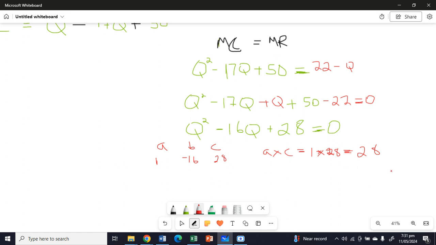If you multiply negative 2 by negative 14, you get positive 28. If you add negative 2 with negative 14, you get negative 16. So we found our two factors, negative 2 and negative 14.